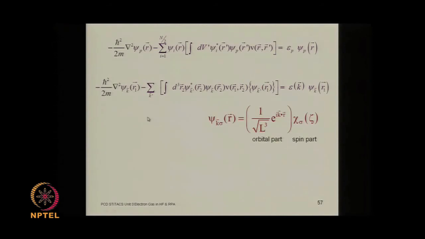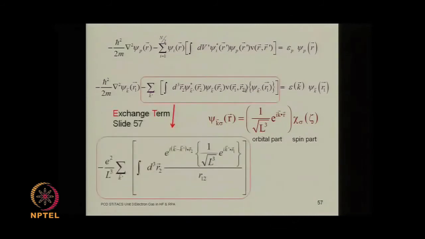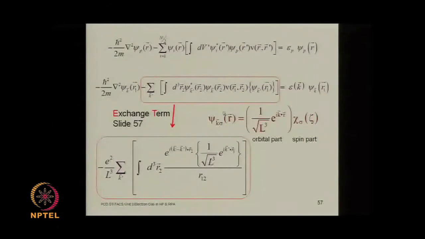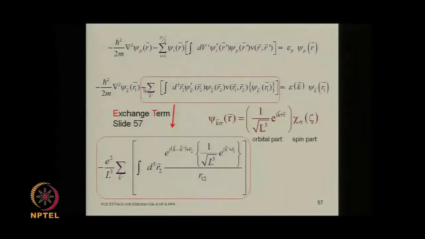So, each spin orbital is a plane wave which is box normalized, it has an orbital part and a spin part, and these are the orbital parts of these equations. Now let us write this exchange term, what is in this red loop, and I include the minus sign in the red loop.